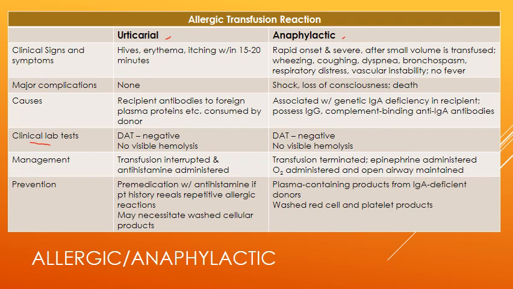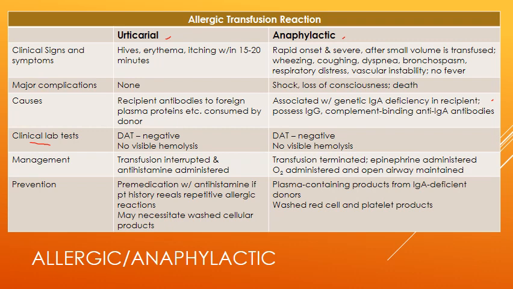Shock can occur, death can occur, but this one is interesting in that it's usually caused by a deficiency of IgA. Patients who are genetically deficient in IgA frequently have no clinical signs. They don't know their whole life that they don't have any IgA, and IgA levels aren't something we routinely run.